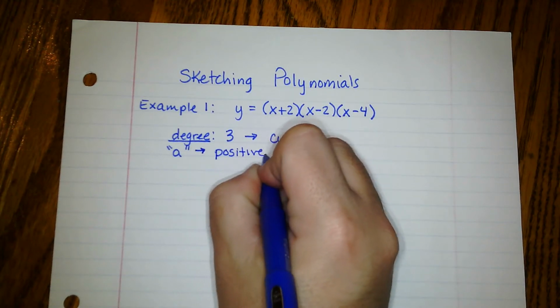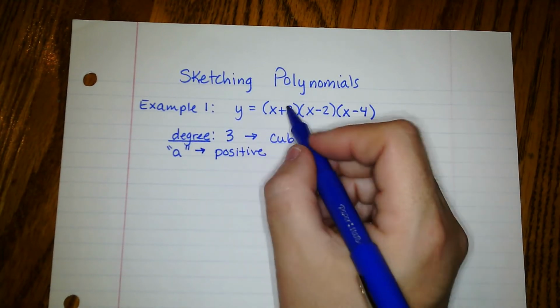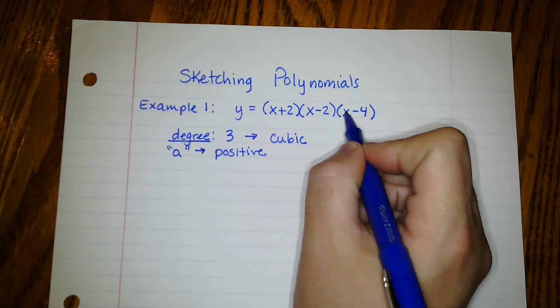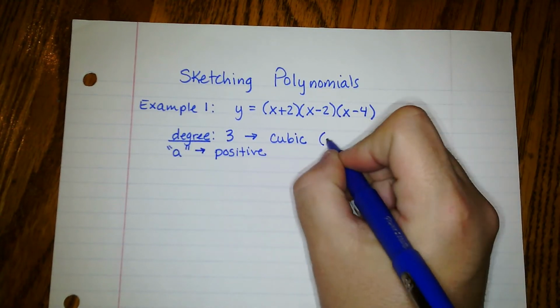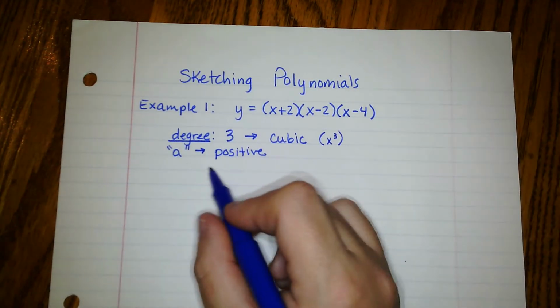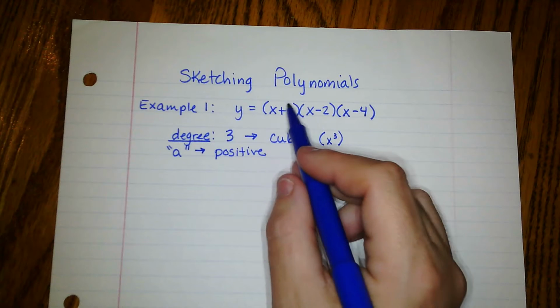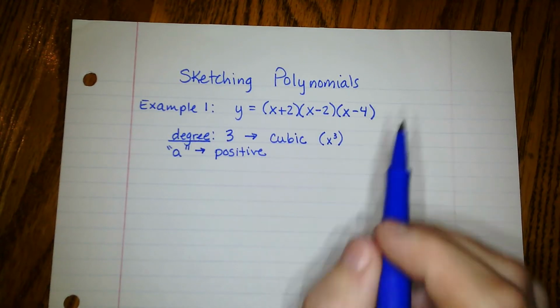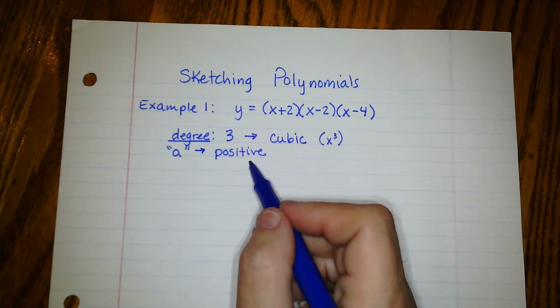Again, in order to determine if it's a cubic, we have to count the x's because we're multiplying them. And that's x to the third when it's all multiplied out. How do we know a is positive? Because all of the x's are positive, and when you multiply all 3 of them together, you're going to get a positive a value.